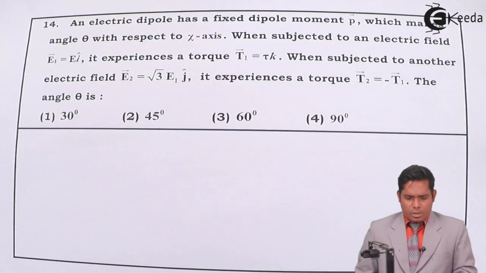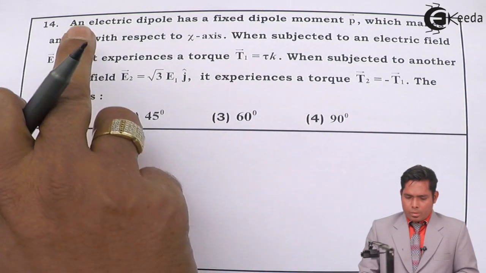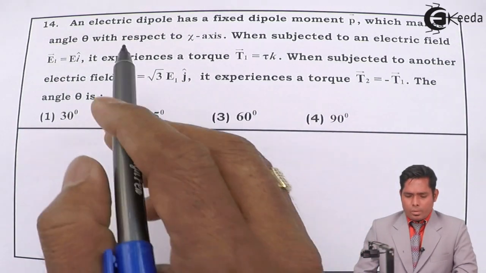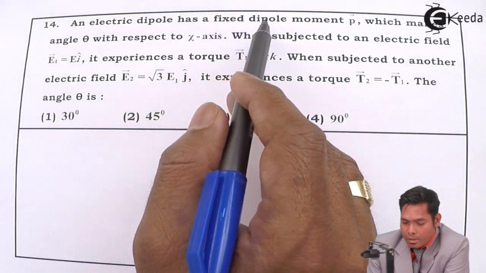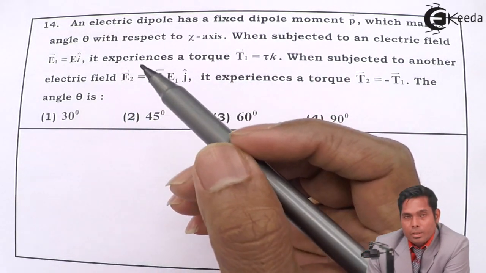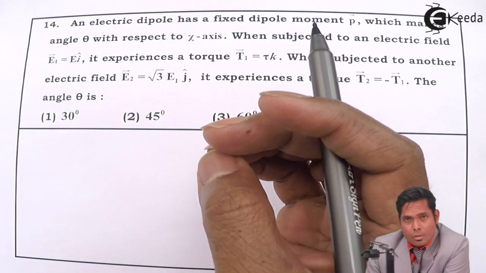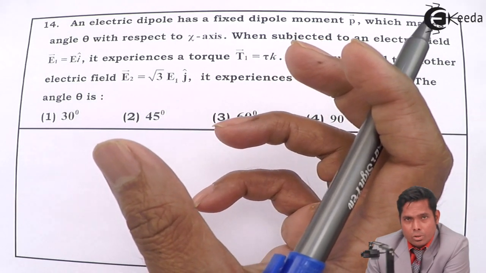Now the next question is question number 14, which is about the electric dipole. What is the question? An electric dipole has a dipole moment P, because we know the dipole moment is P, and that is Q into the distance between the two charges, that is Q into 2L.